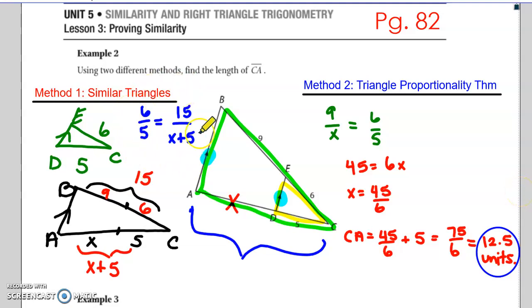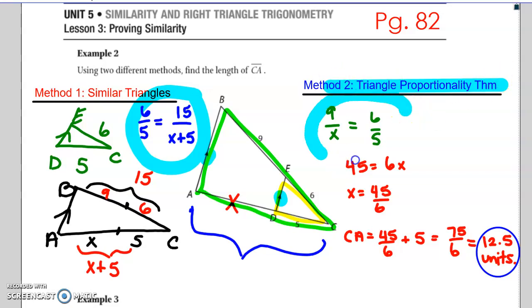So similar triangles, here's my setup. Triangle proportionality theorem, here's my setup. Regardless of which method you use, you get the same answer. I hope you're understanding this, and please continue watching the next video.